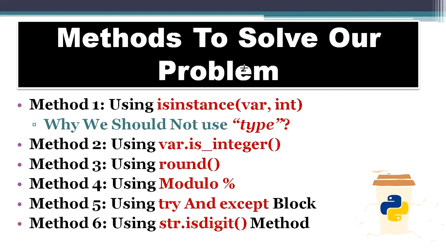Now before showing you how this works, let me alert you that it only works if the string or the variable holds a value which is an integer string, or it only consists of digits.